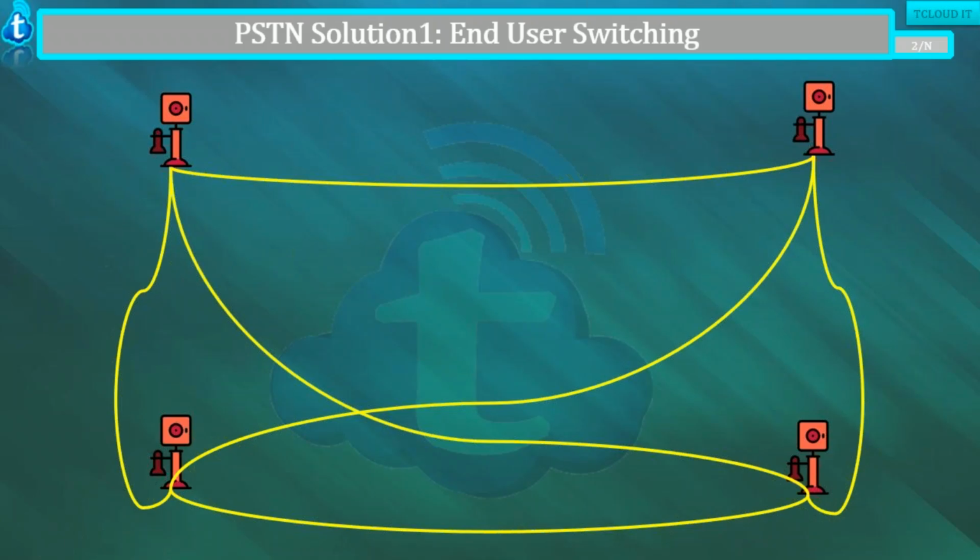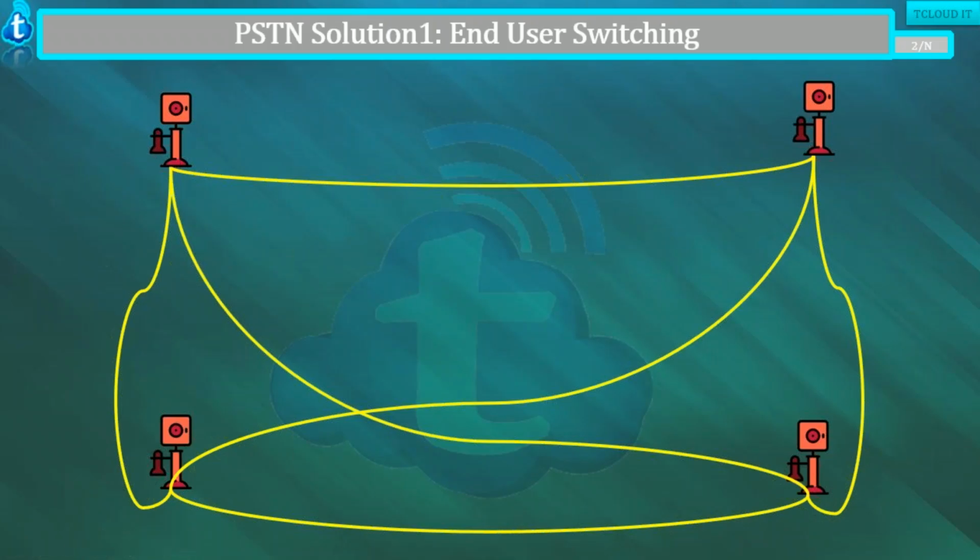Now, what is the meaning of end user switching? Even though there are three wires in your house, the user who wants to make a call, for example, a human being here, will select which wire he wants to connect to his device.